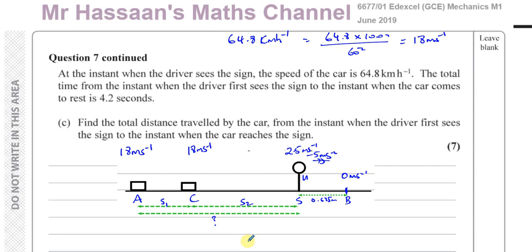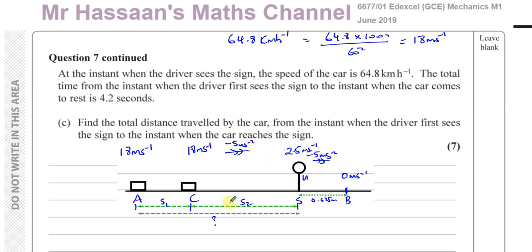Now, how do we find those values here? What we can do is find out the time it takes to go from this point to that point, because I know the initial speed and the final speed. I also know the deceleration is -5 meters per second squared.